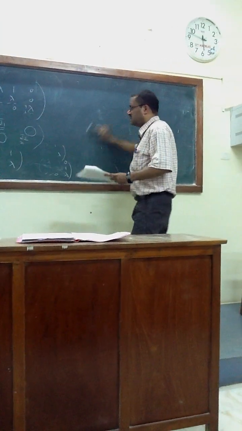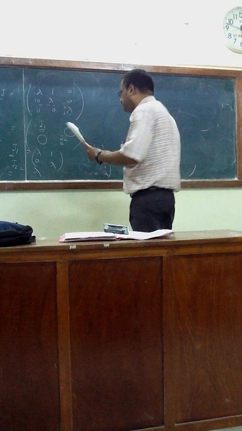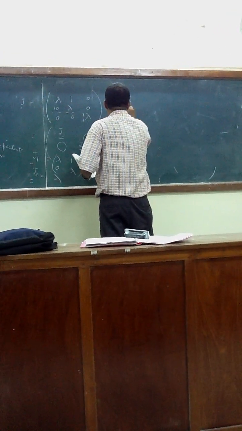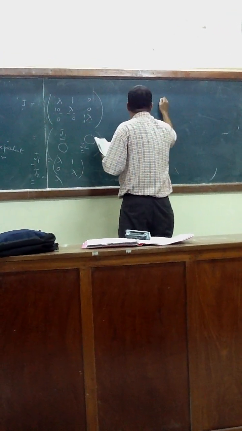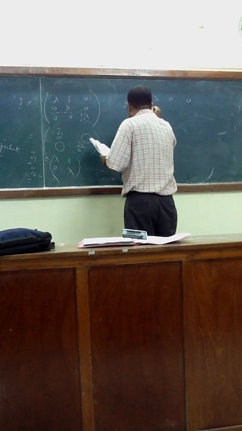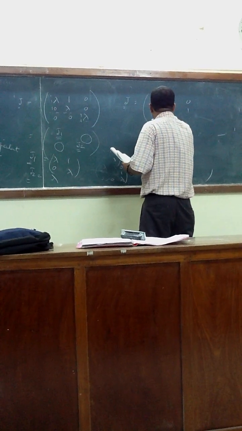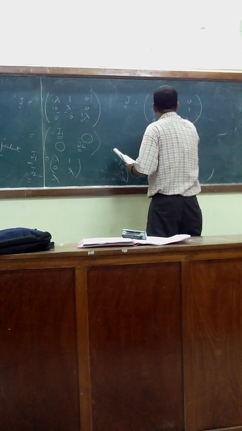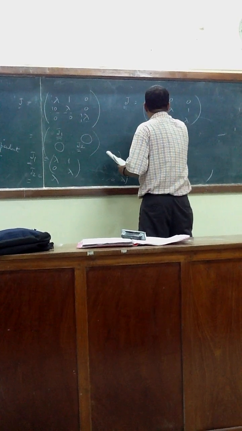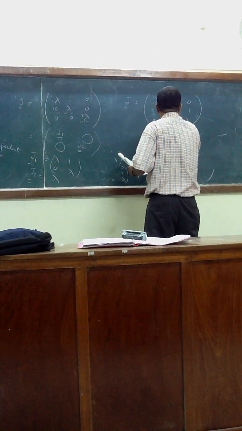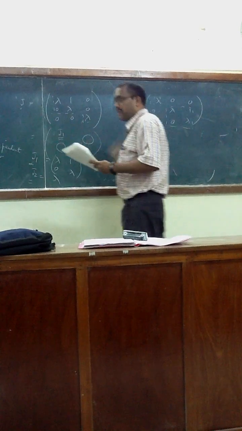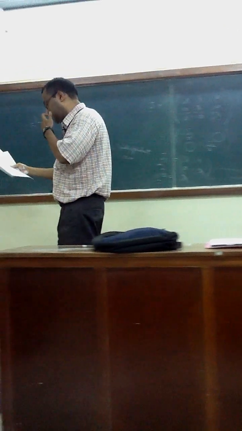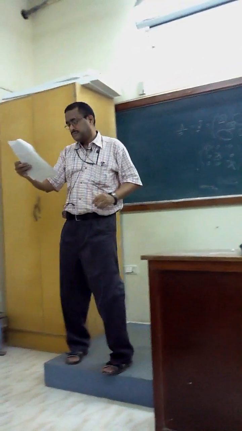Similarly, I'll give another case. Lambda 0, 0, 0, lambda 1, 0, 0, lambda. Since it is 0, this is one matrix, and this is 1, we can construct one matrix. Again, we have got 2 independent eigenvectors and 1 generalized eigenvector.